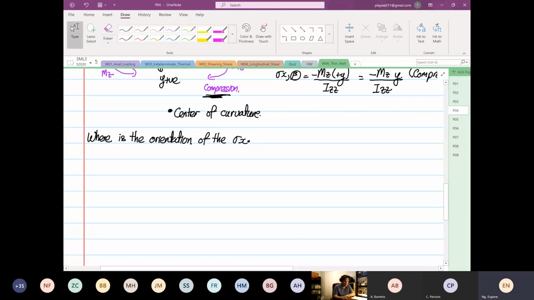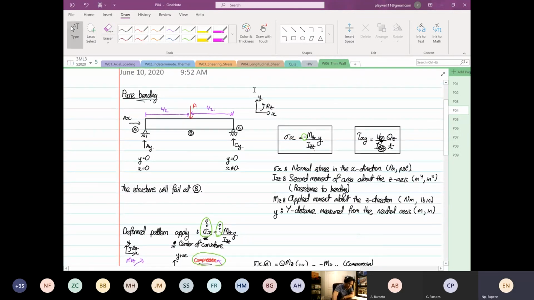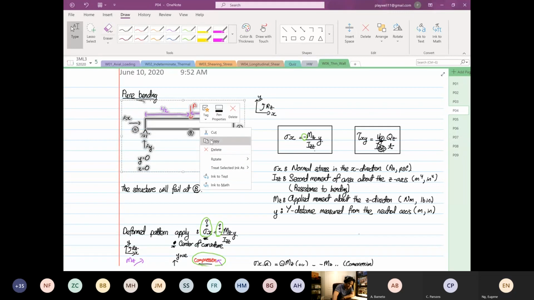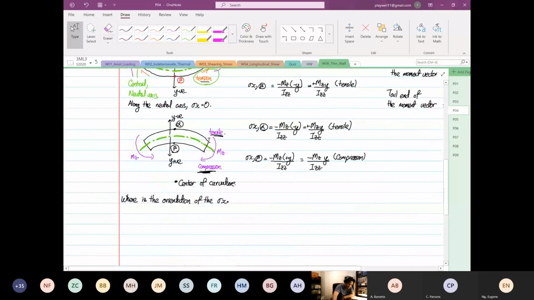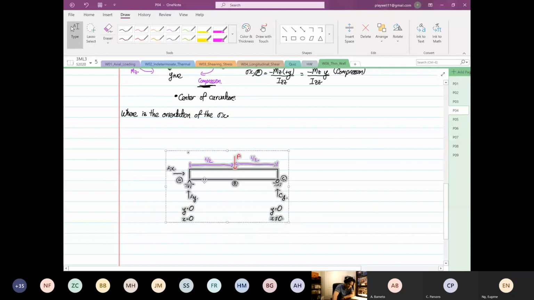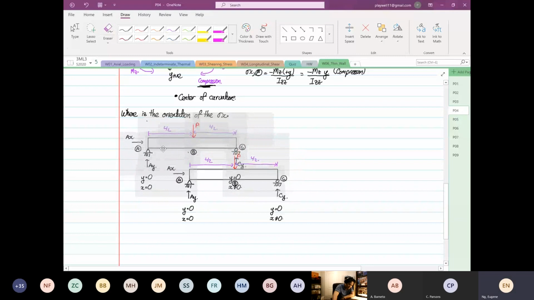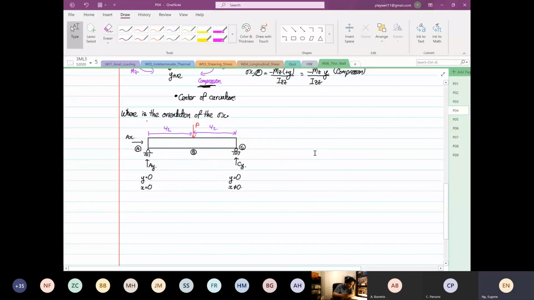Okay, so I'm going to copy this diagram. Hopefully it works. Usually copying doesn't work, especially for strength of materials. So you paste. Sorry, I'm thinking about math. Unlike math, it always works.